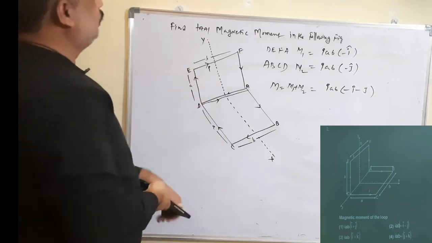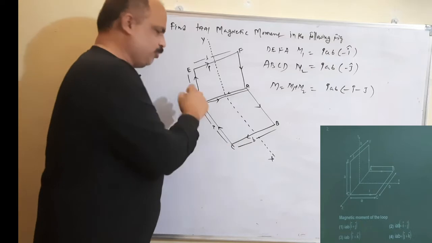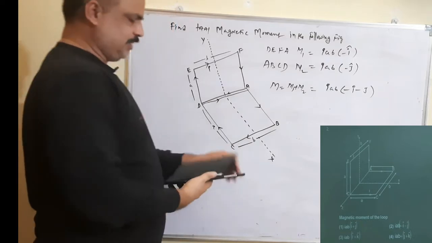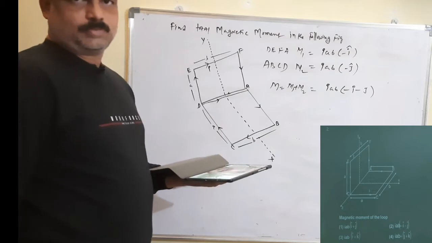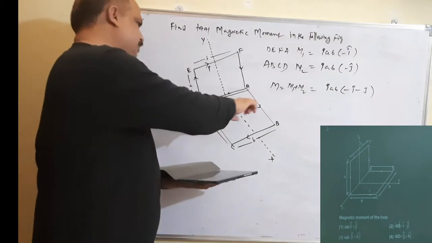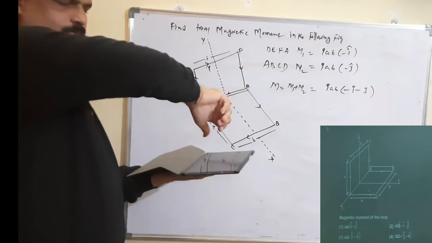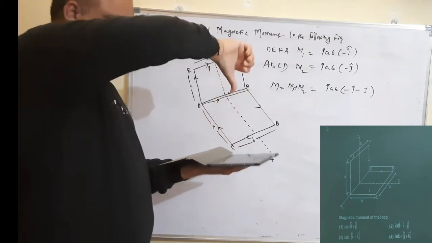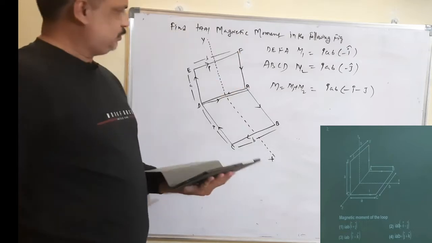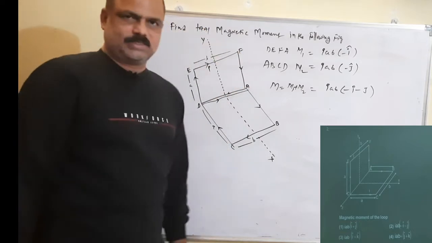Now take the ABCD loop, that means this loop. Now current is flowing along this direction, A, B, C, D. This is clockwise. Thumb is pointing vertically downward, that is the negative y-axis.